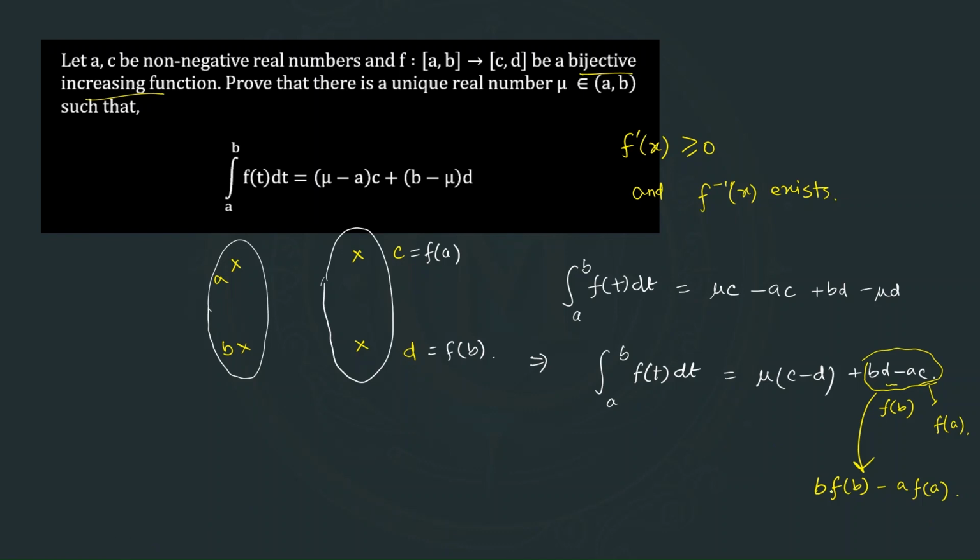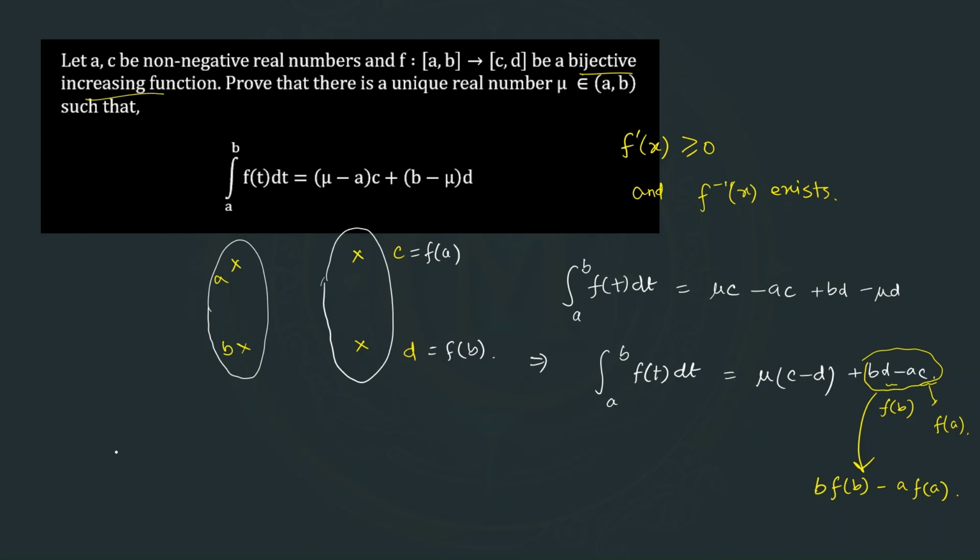So can you figure out the pattern from this expression? Yes, we are going to use the concept of inverse of a function here. That is the relation between the integral of a function in a certain interval and the integral of the inverse function of that function over the interval f of a to f of b.